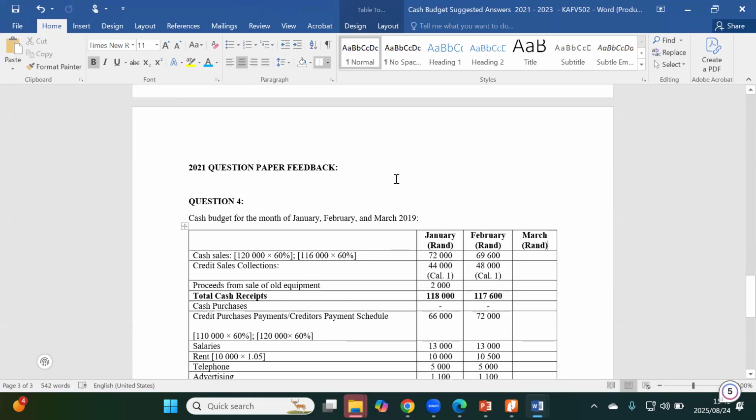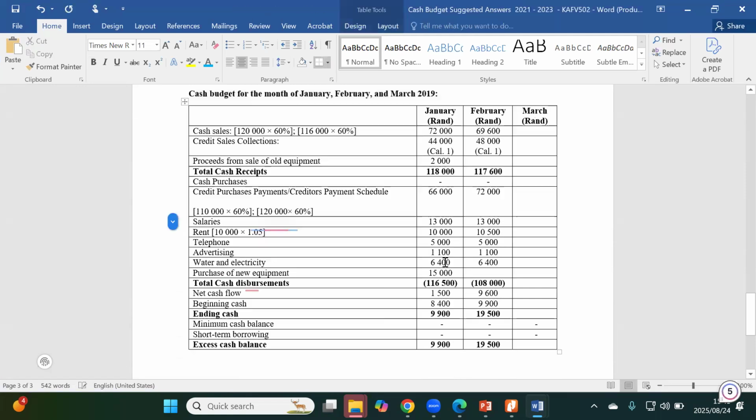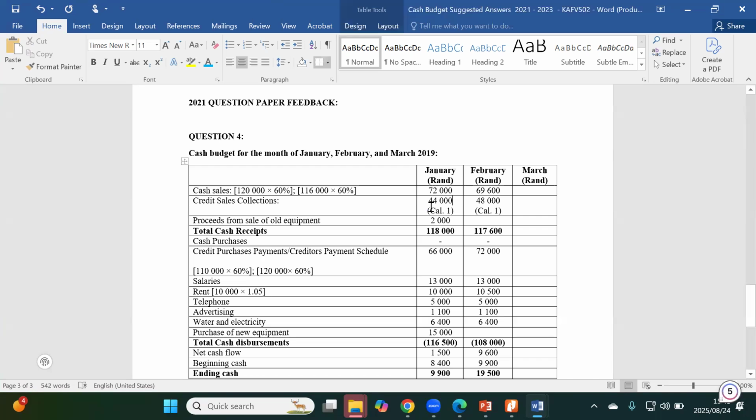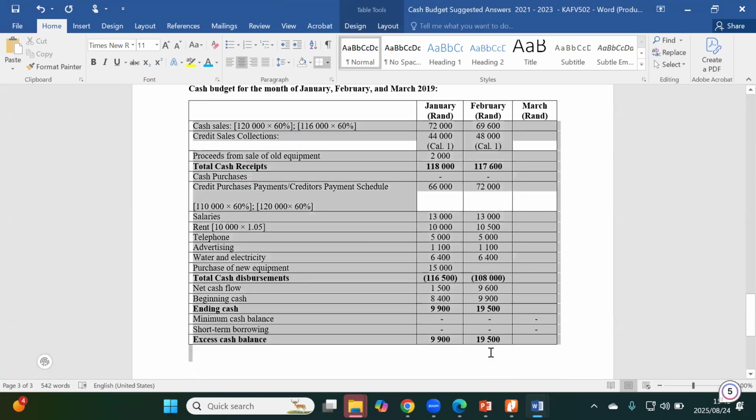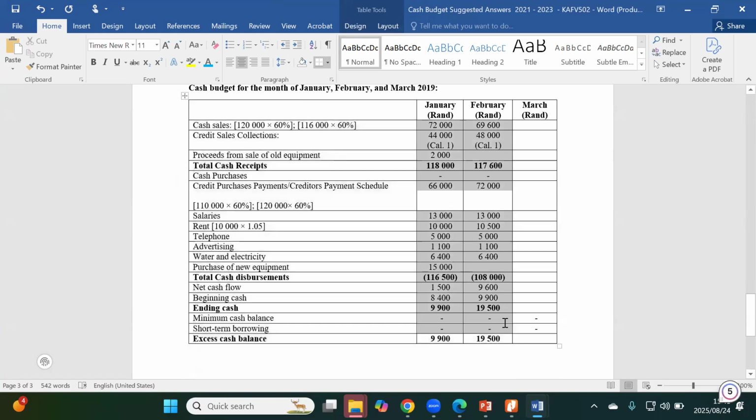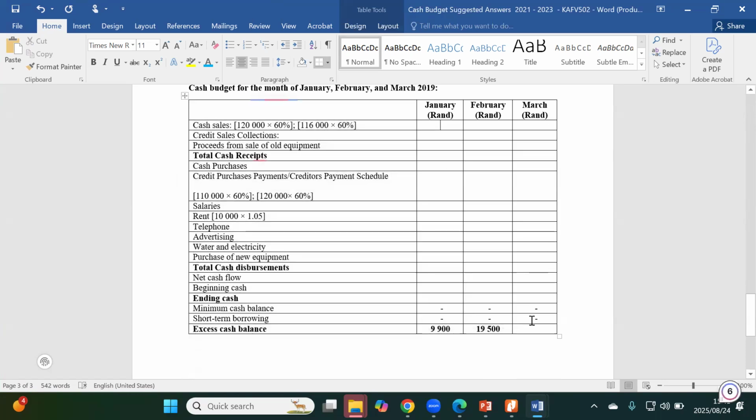Let me just make sure the formats are done. I just want to delete these figures. Great, so now there we have it.